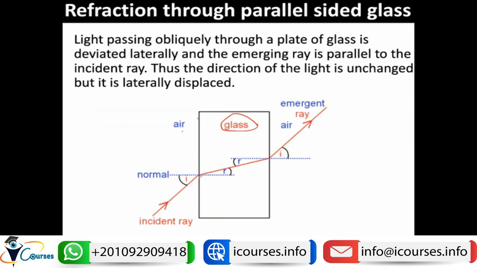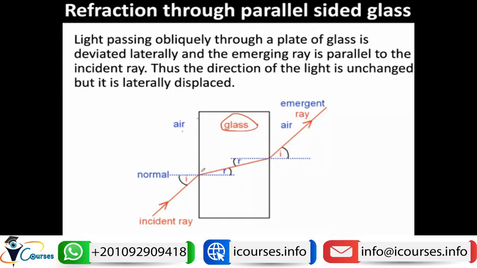That's why the light ray will bend toward the normal as it slows down. Then when the light is passing from the glass to emerge outside into the air, the light ray will emerge away from the normal, as it passes from more dense to less dense, leading to refraction away from the normal.